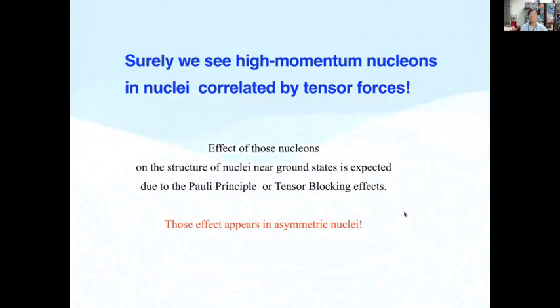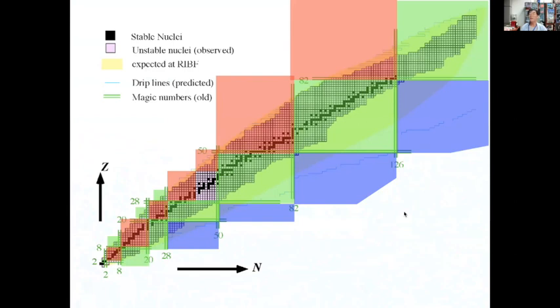Now, if you see the nucleus, I just colored it. Here, this is the so-called symmetric case. Protons and neutrons are all in the same major shell. This is also.